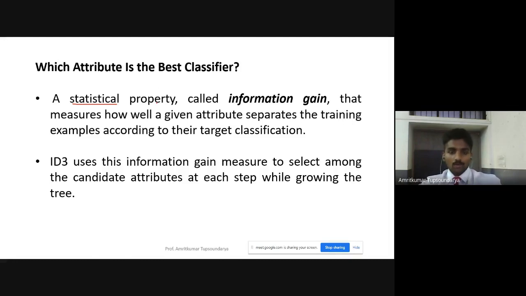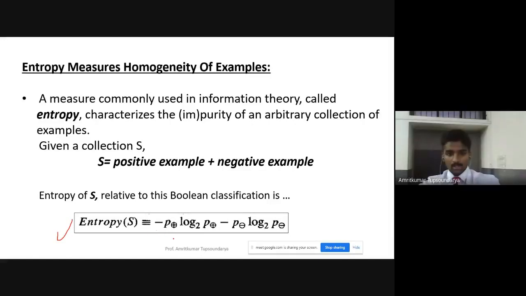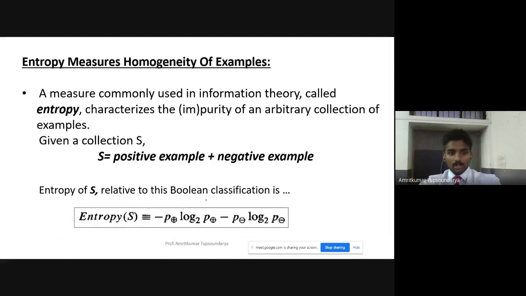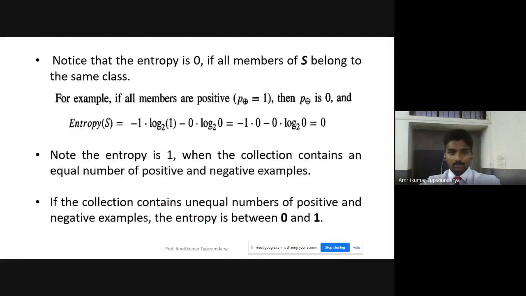Now how can we say the classifier can give us entropy, right? Then we saw how entropy is computed. What is this p plus, p minus? It is actually the proportion of positive examples, and p negative is the proportion of negative examples. Then once we have the entropy, we used the value that we got from the entropy to compute the information gain, right?